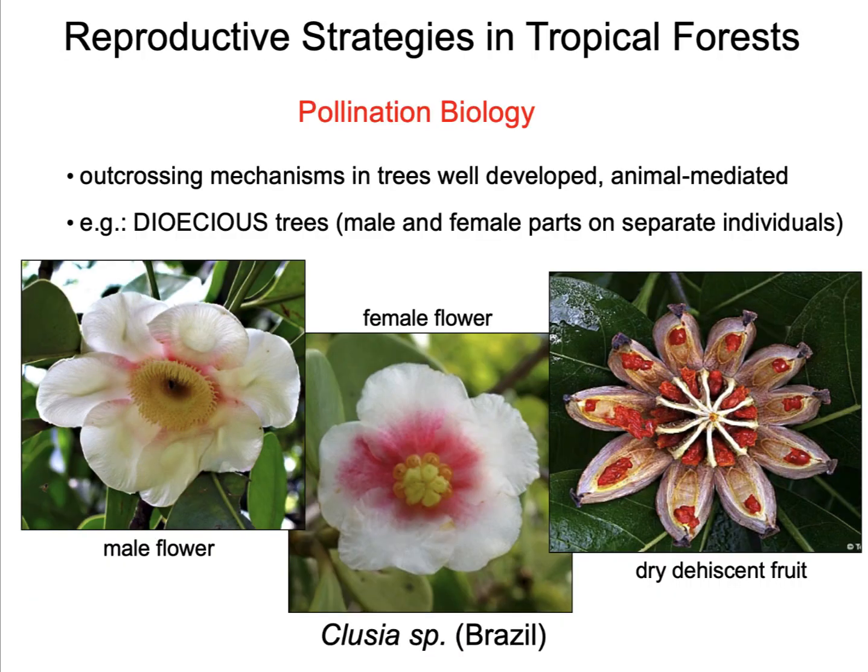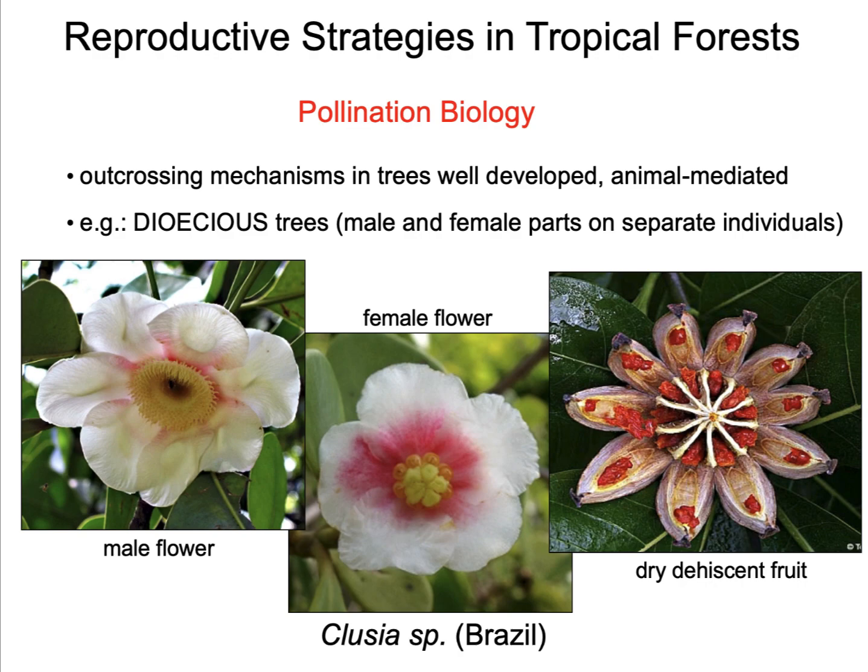All right, so now let's think about reproductive strategies in tropical forests for the last part of this lecture. First, what is pollination biology? Well, outcrossing mechanisms in trees tend to be very well developed, and it's usually animal mediated. There are very specific relationships between the trees of a tropical forest and the animals that live there.